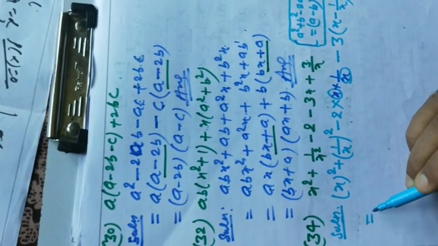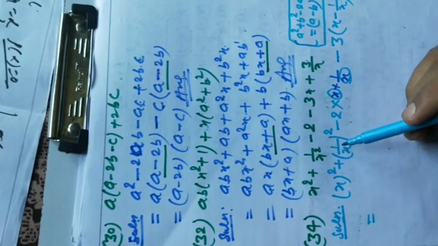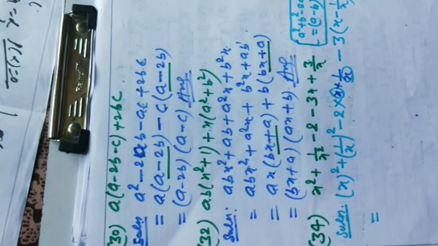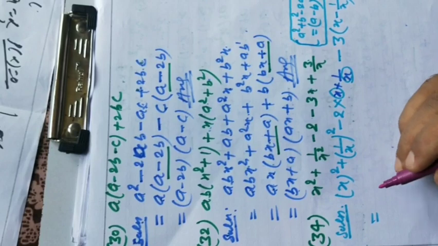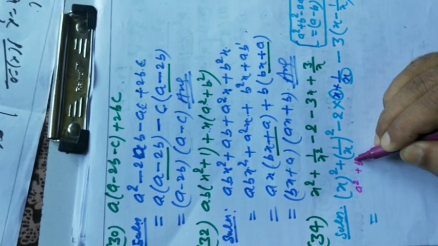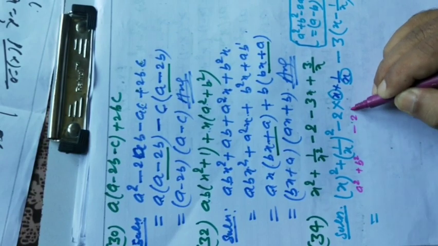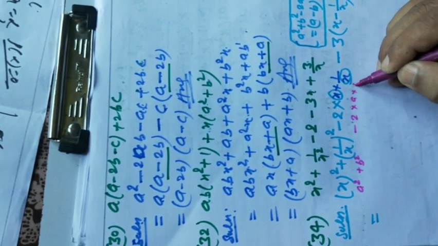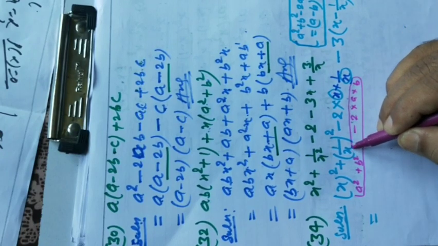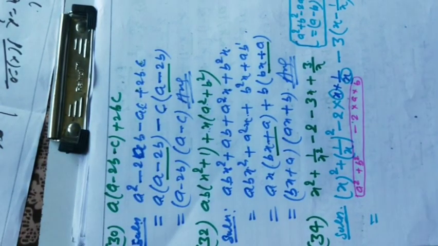Now you can see carefully, this is your a square, this is your a square, this is your b square, and this is minus 2 into a into b. We have just written it for your convenience to understand it.